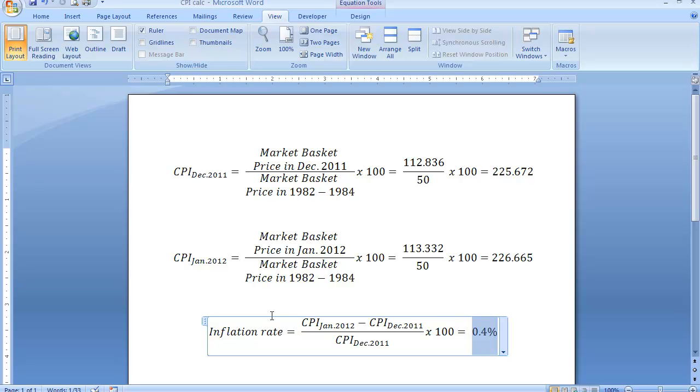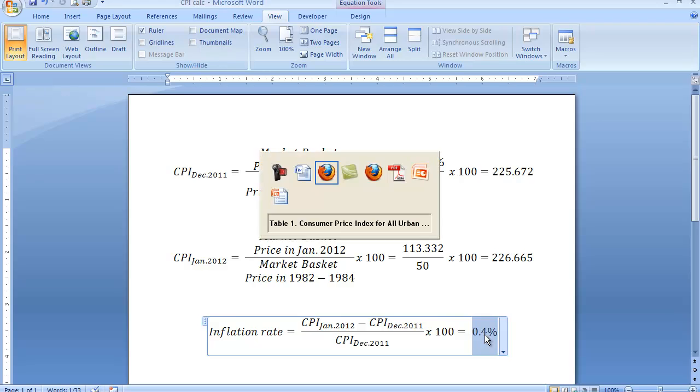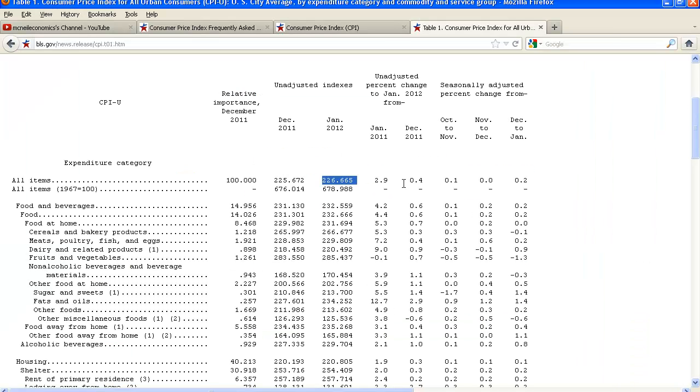It's the amount by which prices have gone up between two periods, in particular, December 2011, January 2012. And so, do we see 0.4 in the official BLS data? Of course we will, because I used their two CPI data points. So there is 0.4. Okay? That is how they calculate the CPI.